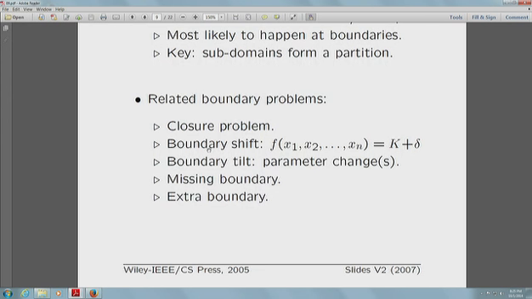We look at those problems. And you may also have missing boundary and extra boundary. Well, we didn't discuss missing boundary and extra boundary before, but actually missing boundary is easy, because if you have a missing boundary, that means everything on both sides of the boundary will receive the same processing, right?